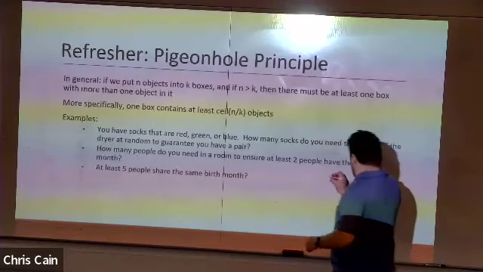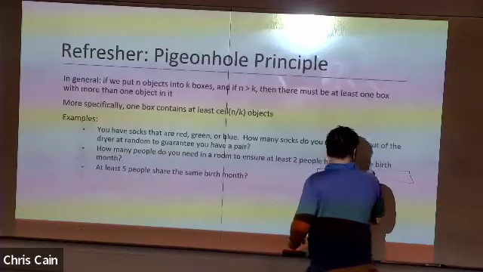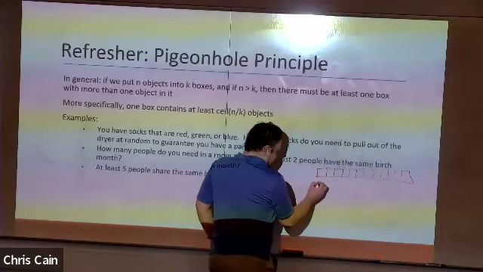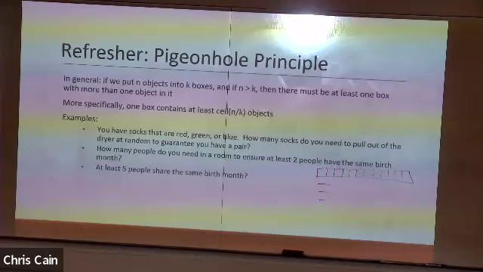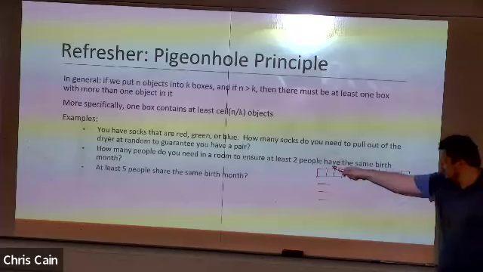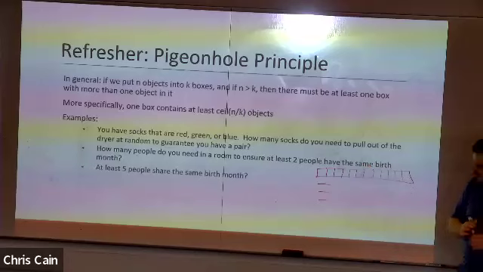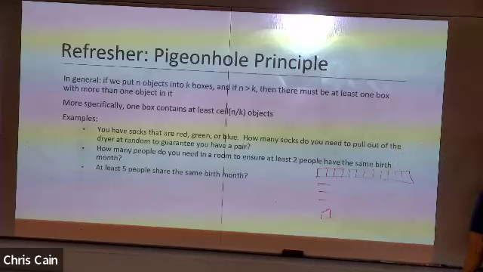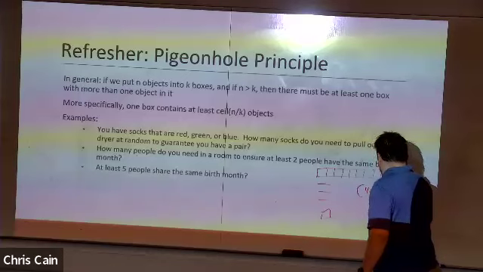If we assume that 1 year is distributed like this in an array, there's the 12, and then we duplicate it 3 times. This would be the most people you could shove into a room where no more than 4 of them could share the same birth month. You have 4 in January, 4 in February, 4 in March, April, May, etc. And we need 1 more person to be the 5th person for one of these months. So we end up with an expression like 4 times 12 plus 1.